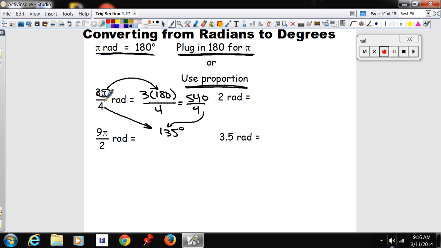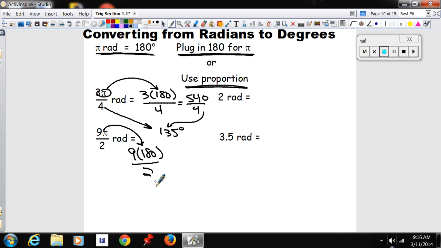So this bottom one here, you're going to take 9 times 180 and divide it by 2, because you can take out the pi and put in 180 in its place. What do you think about this one? Should I multiply 9 times 180 and divide by 2, or is there an easier way to do this? Could I reduce the 180 and the 2?